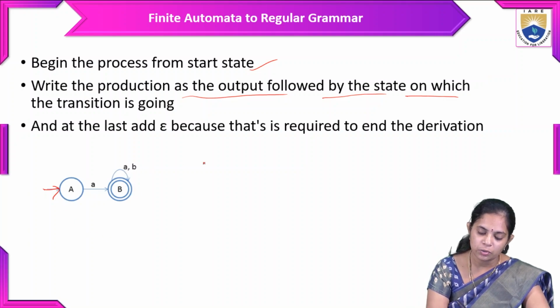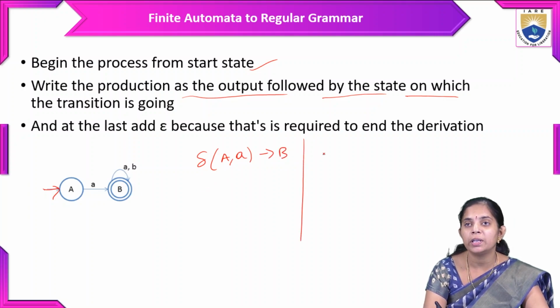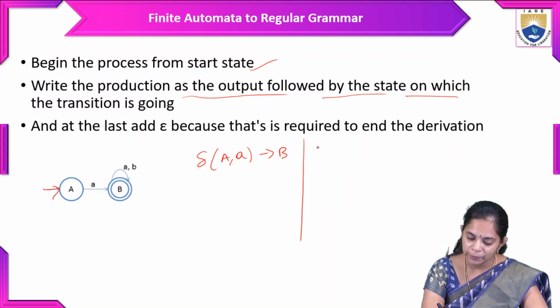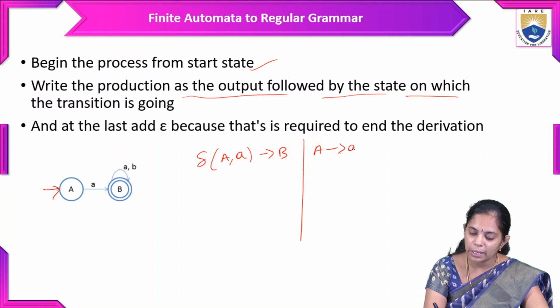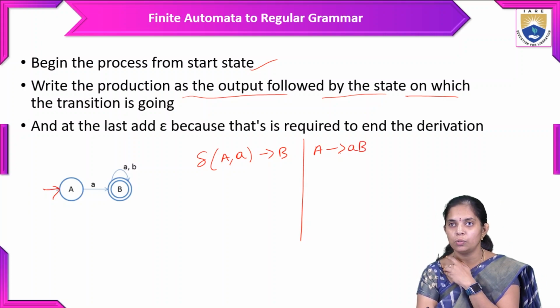Here delta of A comma input symbol A reaches the B state. This entire thing will be written as a production rule like A tends to A capital B. Like that we need to write the production rules.